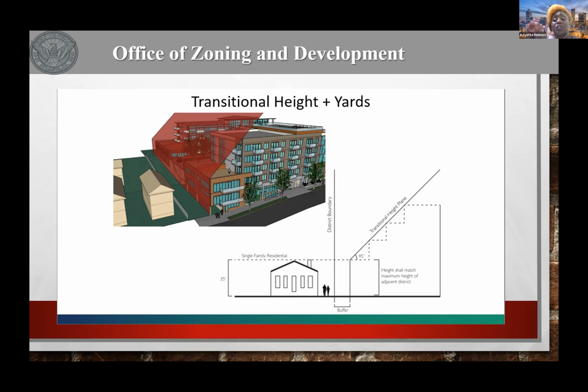The transitional height plane is to prevent the building from overshadowing what's already built behind it. It requires that a development site measure up 35 feet and then there's an angle of 45 degrees for the transitional height plane, to keep the building from overpowering anything shorter or a residential neighborhood immediately adjacent to it.